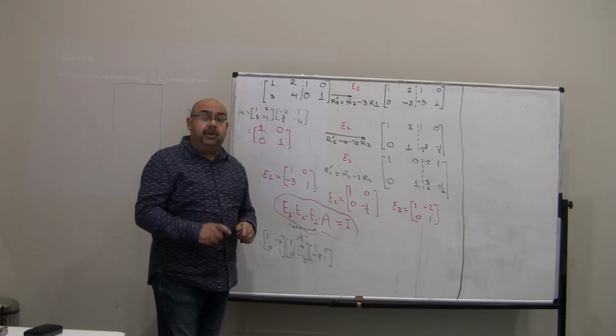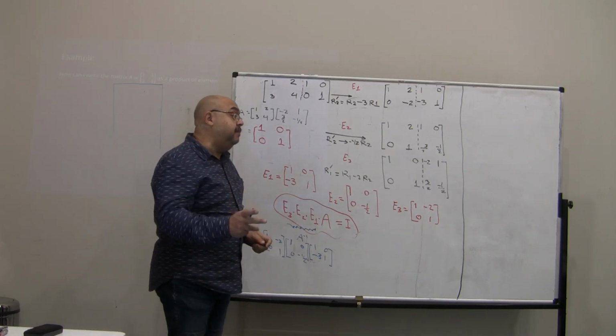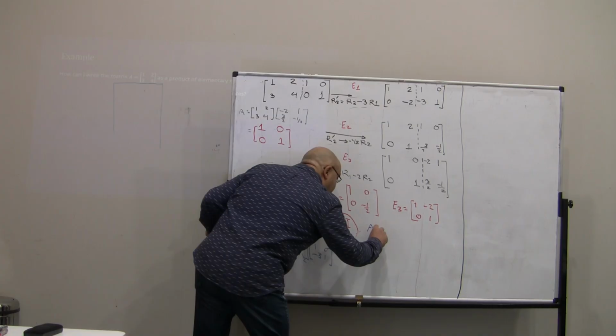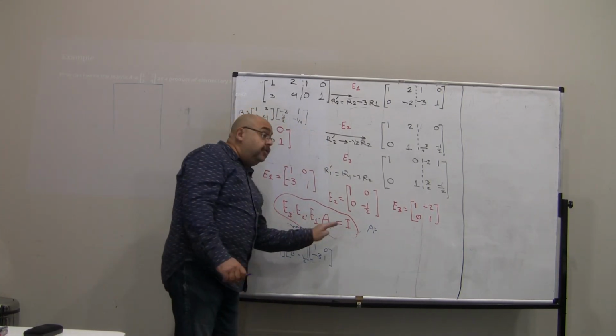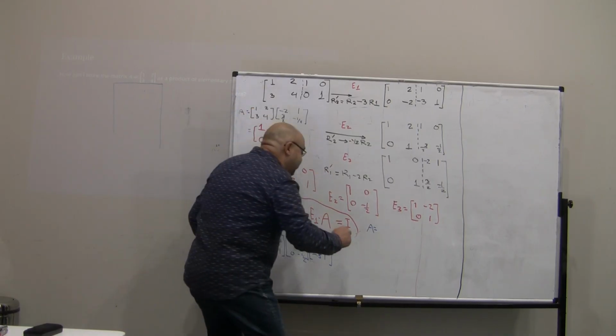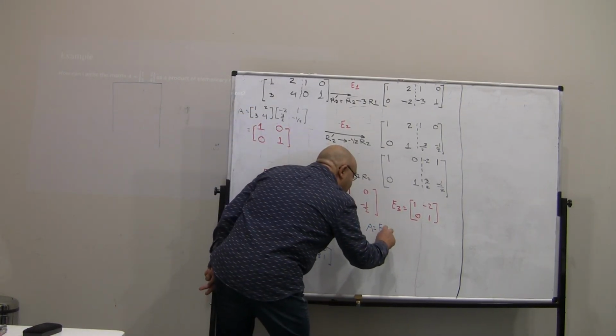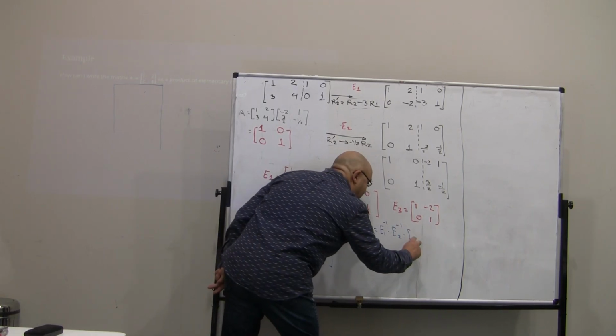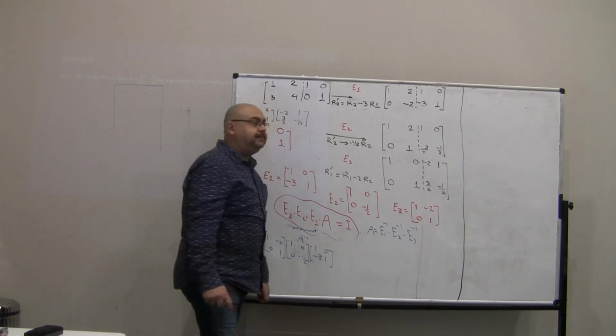But remark, when you get the inverse, it's a really very important, major thing. A matrix will equal to... when you do the inversion, the process will be reversed. So it's going to be E1 minus 1 times E2 minus 1 times E3 minus 1.